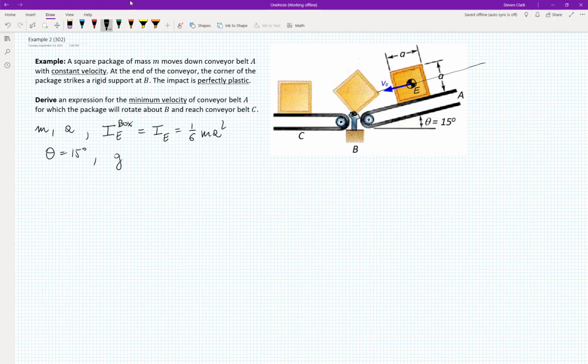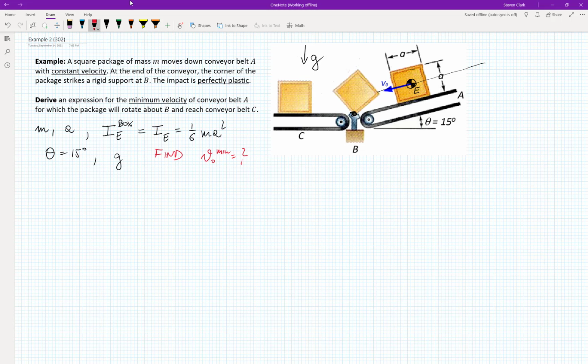I think that we know G. However, I will prove you that it does not play any role in that problem. And that's all. And they ask us to find V0 minimal, the minimal V0 such that our box can actually rotate.